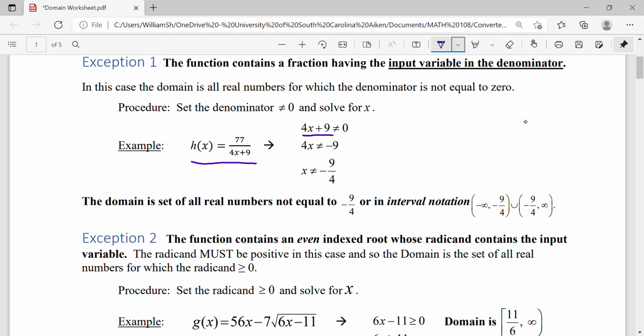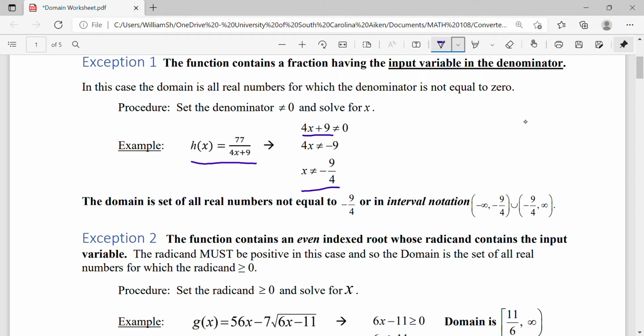Then all we have to do is solve for the x in our denominator where it's not equal to 0, keeping that not equal to 0 all the way through, and we see that x cannot equal negative 9 over 4. Now, the domain is the set of all real numbers not equal to negative 9 over 4.